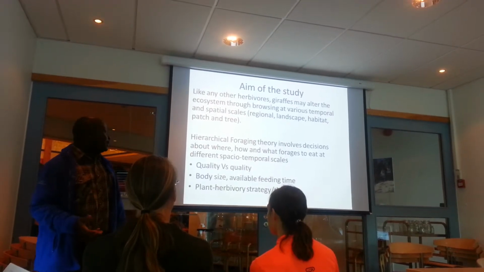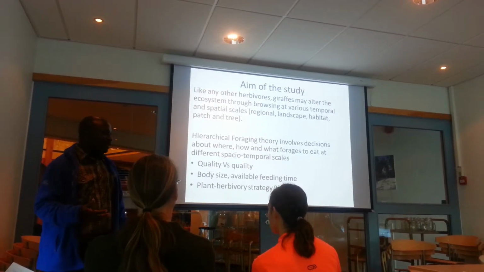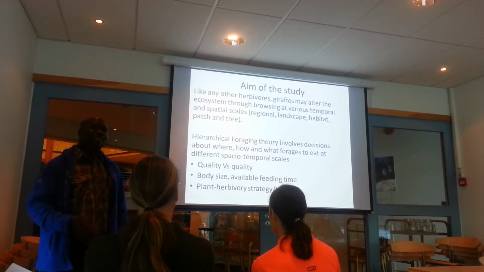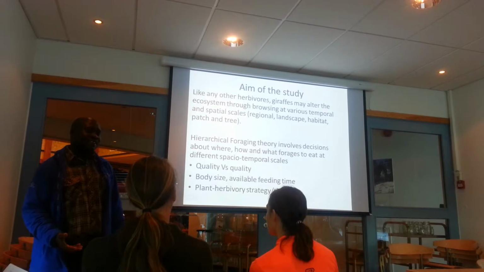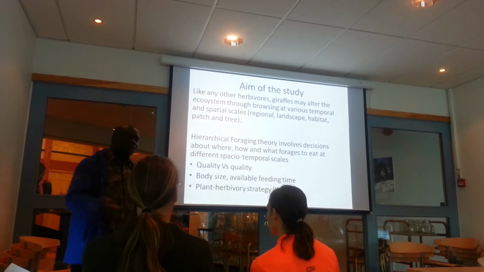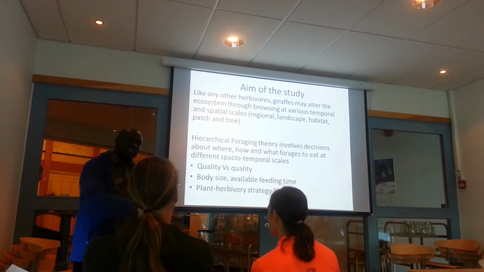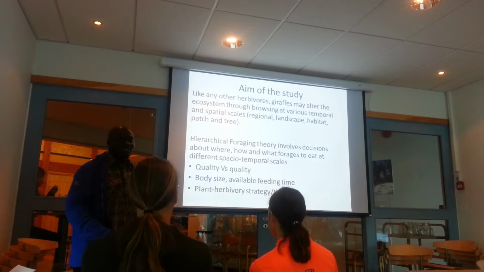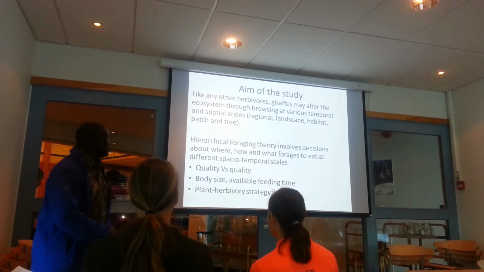Now these decisions, we measure them from the rate of activities that this animal is doing, or the frequency of movements. If it's moving a lot to a place, this is the preferred habitat or preferred food. So this is the kind of measure we are using.